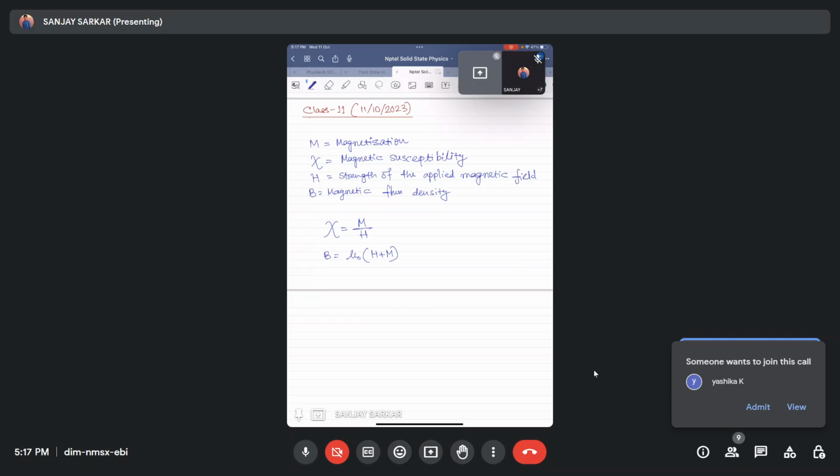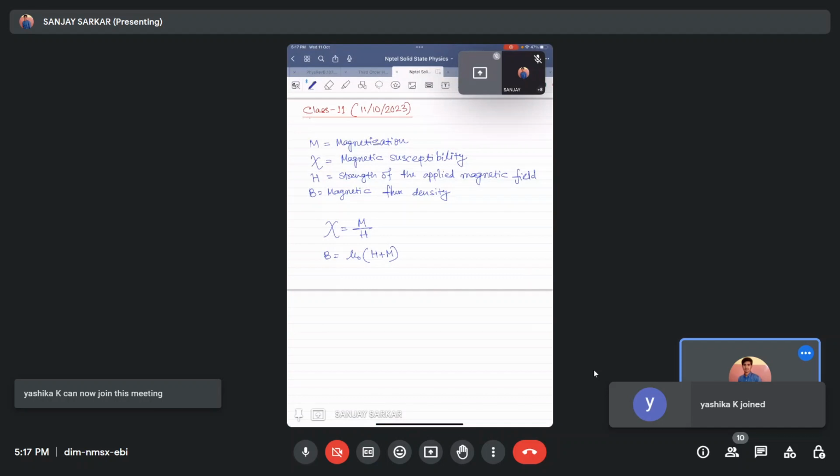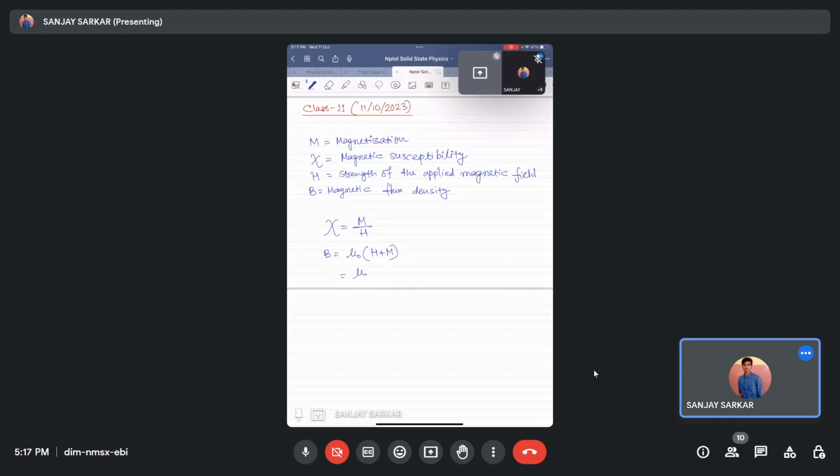So B equal to mu naught into H plus M. Now you can replace M from this relation, so it will be mu naught into H plus chi H. That is B equal to mu naught into 1 plus chi into H. So mu naught is the permeability of free space, and this is the permeability of the material.